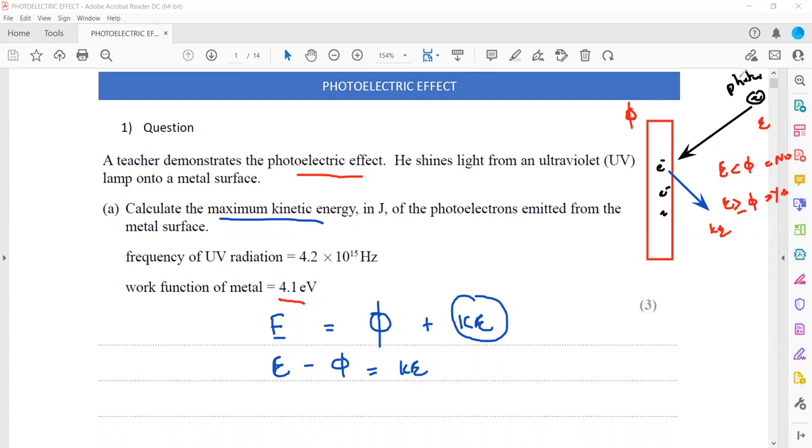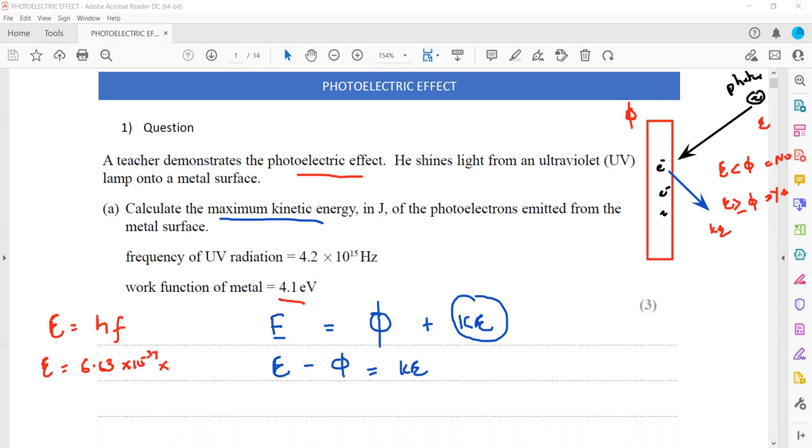The formula which we will use to calculate the energy of the photon is E equals hf. So the energy of the incident photon equals h, Planck's constant, times f, the frequency of the incident light. The Planck constant is fixed, which is 6.63 × 10^-34.